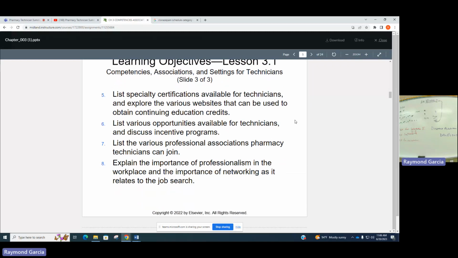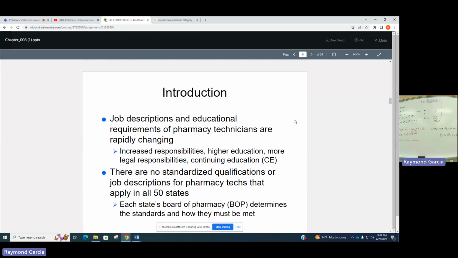We'll list specialty certifications available for technicians and explore the various websites that can be used to obtain continuing education. List various opportunities available for technicians and discuss incentive programs. List the various professional associations pharmacy technicians can join and explain the importance of professionalism in the workplace and the importance of networking as it relates to the job search.